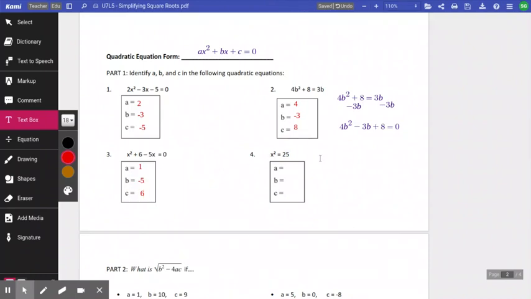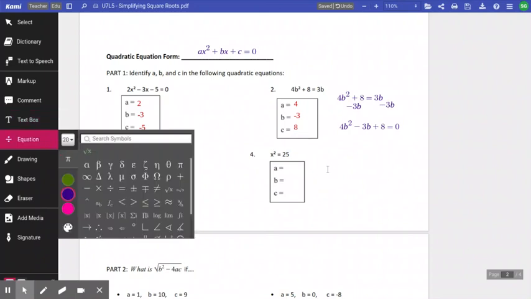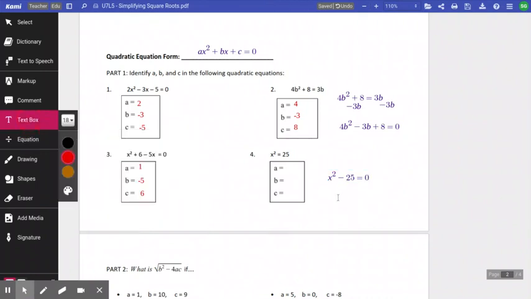This one here, you would have to solve that equation by subtracting 25 on both sides. That's going to look like x squared minus 25 equals 0 once you've done it all. After you've got that, it helps you figure out A, B, and C. A, once again, there's no number in front of that x squared, so we've got another 1 for A. That minus 25, is that your B or your C?